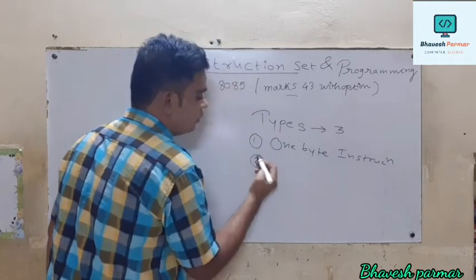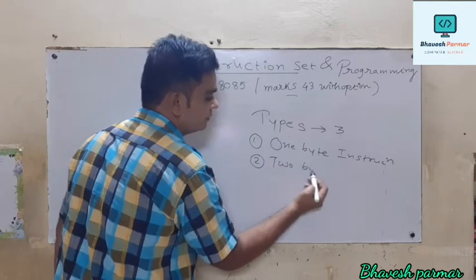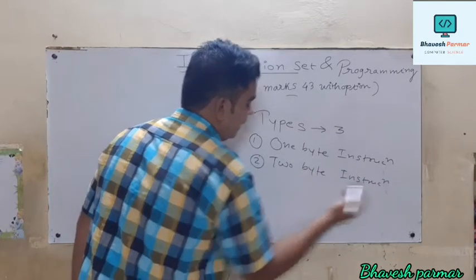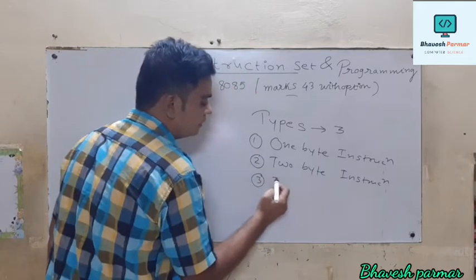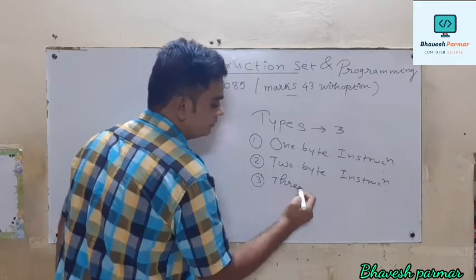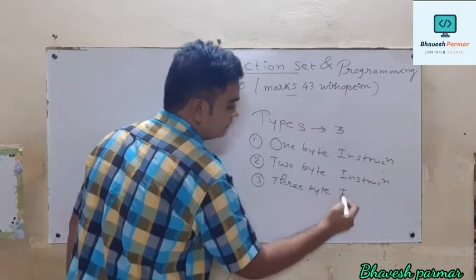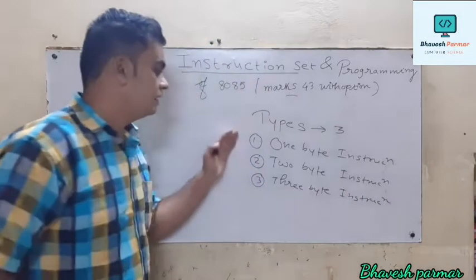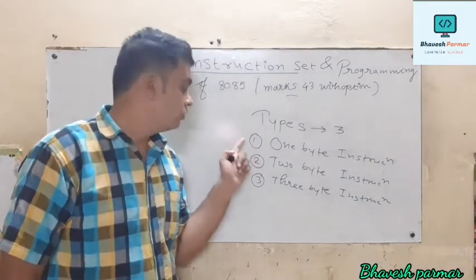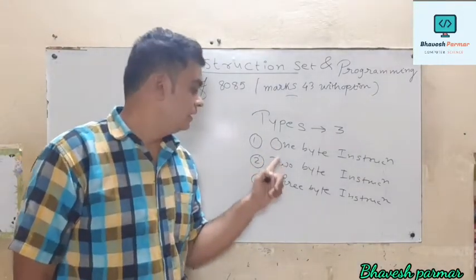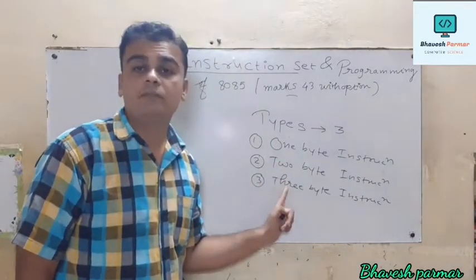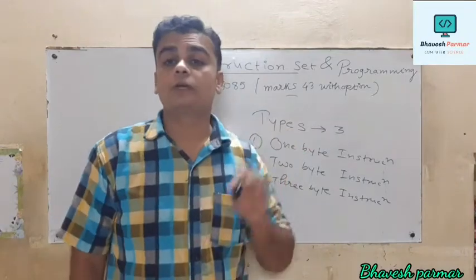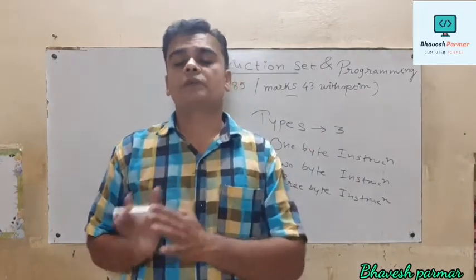Then the second type is called the 2 byte instruction. And the last one is called the 3 byte instruction. This concept is also important from our instruction point of view.